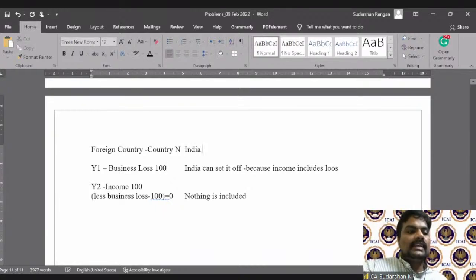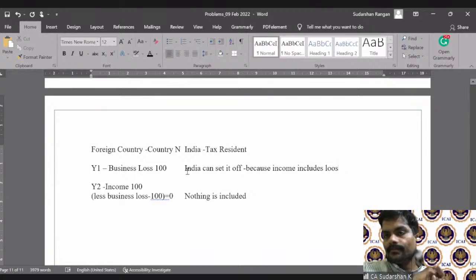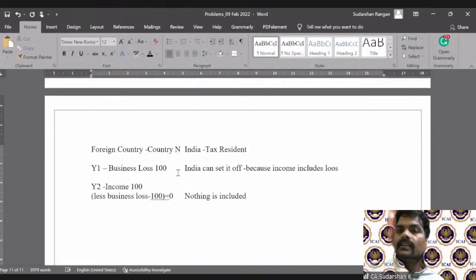So, in India, where you are a tax resident, you can claim this 100 and set it off, because income includes loss under Section 224. And as much as income is getting taxed, you can also bring in your losses. So that is what would have happened in the question. They would have given a reduction.